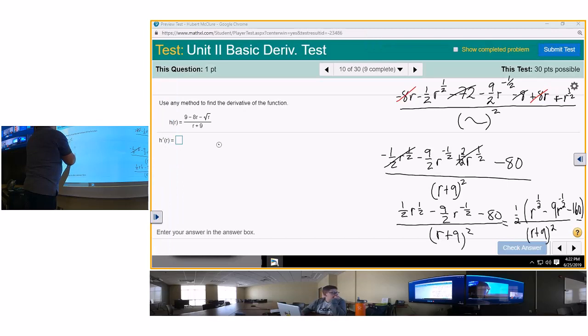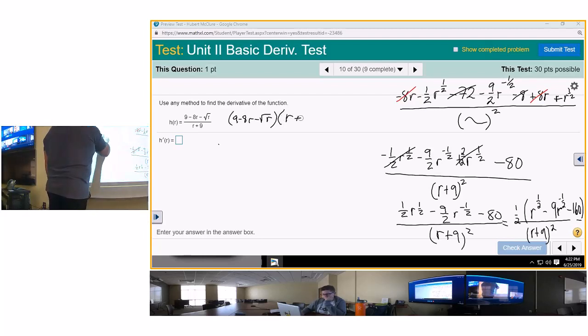That's going to be 9 minus 8r minus square root of r times r plus 9 to the negative 1.